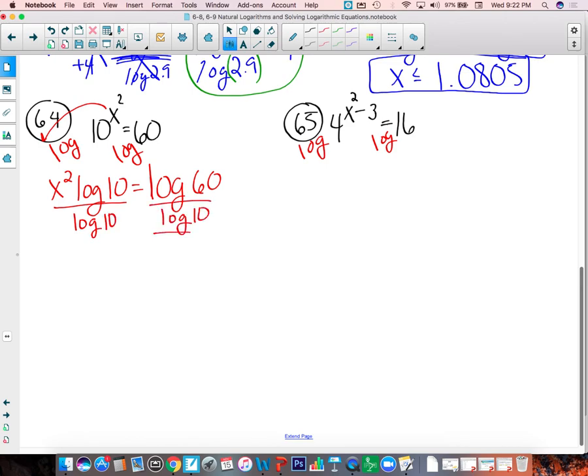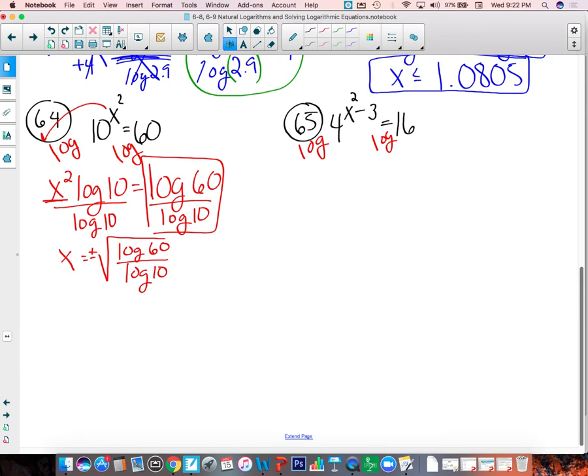So then I will throw this in my calculator. Okay, then to get the x squared, I'm going to have to square root that. So x is going to be equal to the square root of whatever I get when I throw these logarithms in my calculator. Okay, so it'll probably be a decimal. It'll be plus or minus whatever that decimal is.